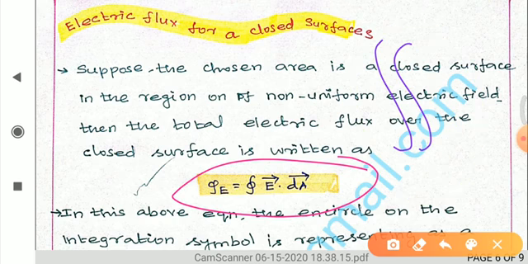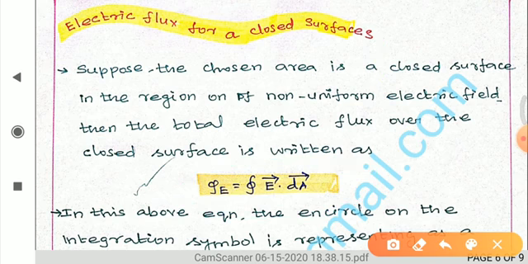For a surface, it is a double integral. For a line integral we write C, or sometimes L. If it is encircled, then the integration should be taken over the closed surface. That's why it is written here.